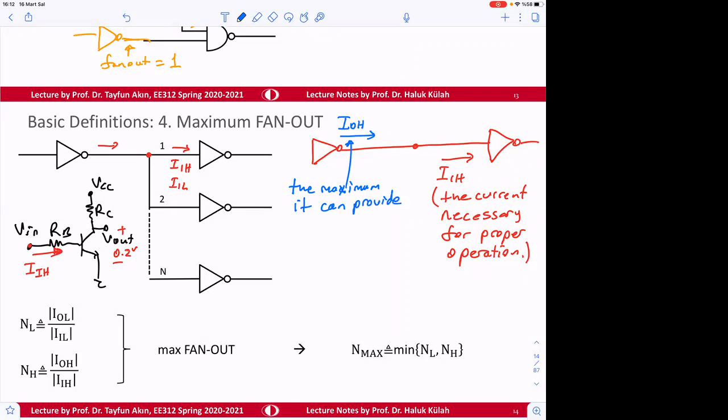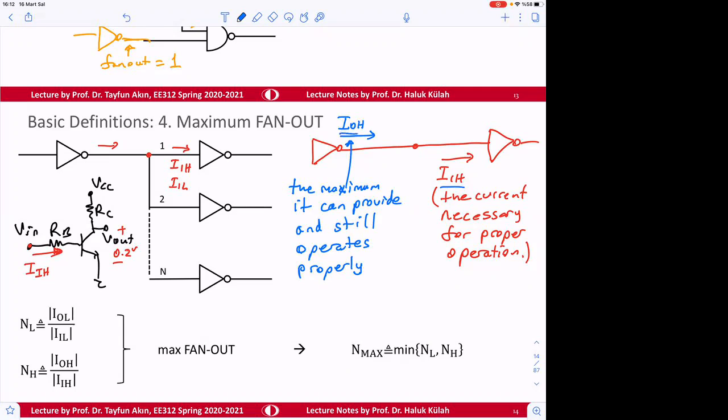It doesn't have to provide it. It can provide the maximum and still operate properly. What operates properly means is going to come later on. We'll be talking about those later. So this is the necessary one.